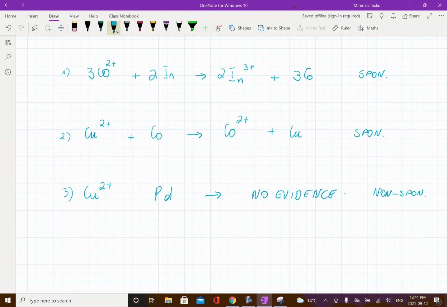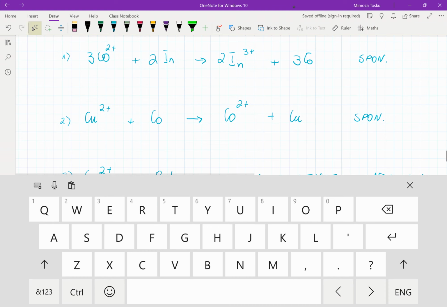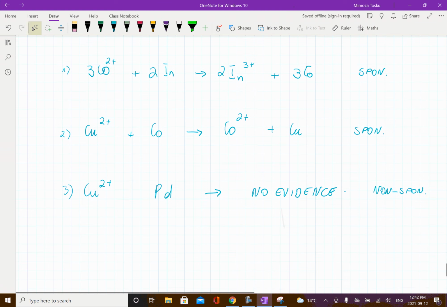So now let's create a table that is similar to the table you have on page 7, with those 4 elements that we are dealing with. So we have cobalt, copper, Pd, and iron, indium, whatever it is.